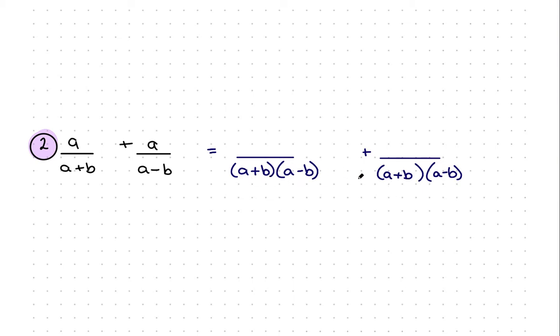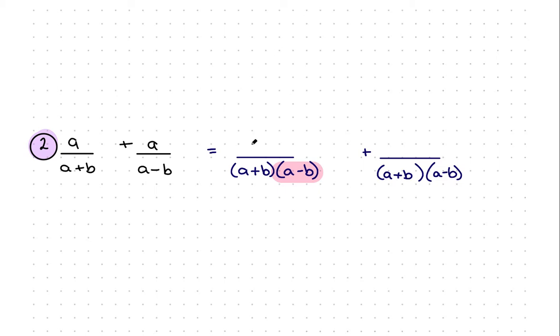But what I need to be careful of here is that if I change the denominator in any way, I must change the top by the exact same amount and in the exact same way. So I multiplied the bottom in this case by a minus b. That was the new term that we introduced for ourselves there.